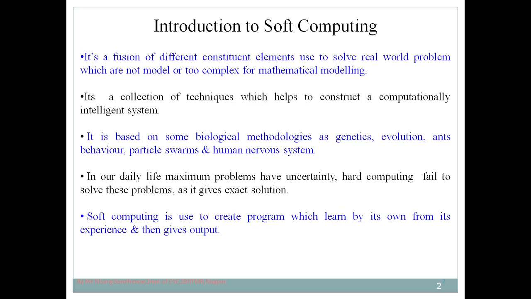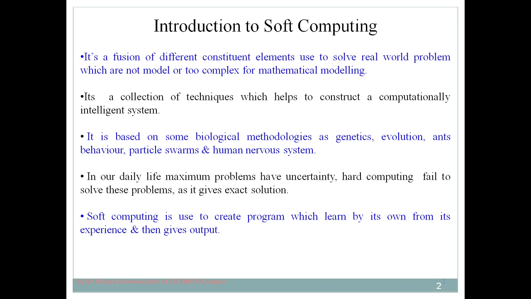Before trying to understand the concept of soft computing, I will give a simple example so that you also understand the concept of soft computing and hard computing, because soft computing and hard computing are the two terms that we use.